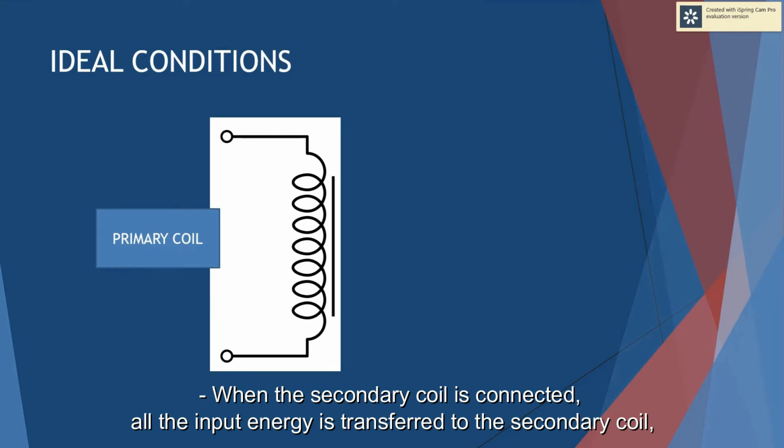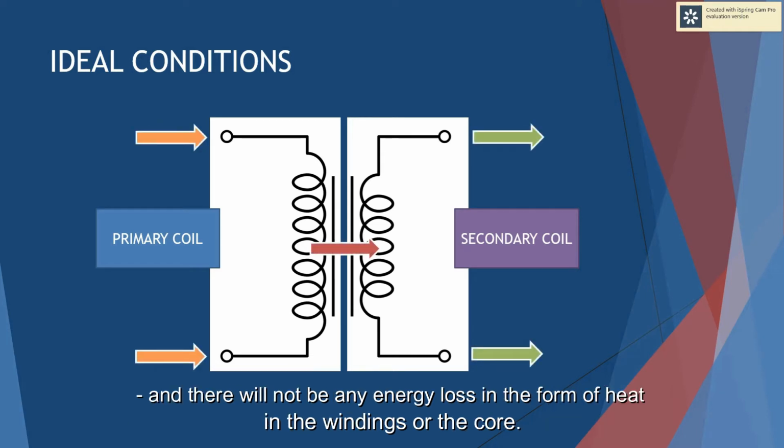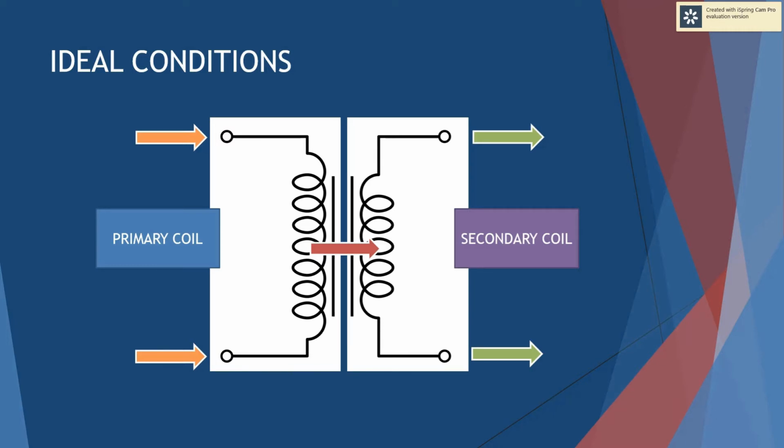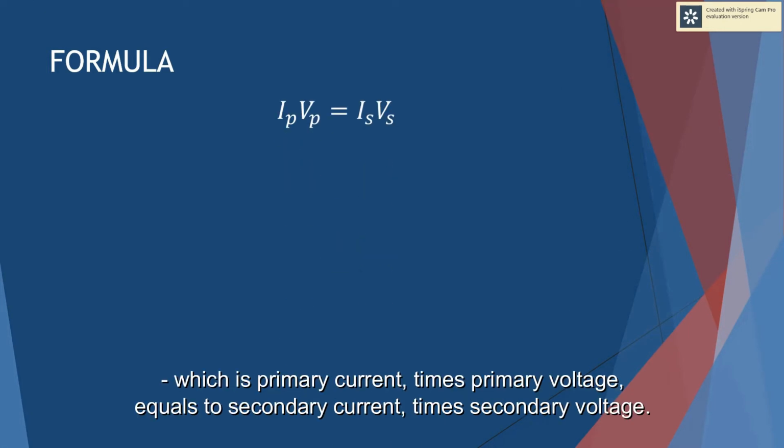When the secondary coil is connected, all the input energy is transferred to the secondary coil, and there will not be any energy loss in the form of heat in the windings or the core. With this, we have a formula, which is primary current times primary voltage equals secondary current times secondary voltage.